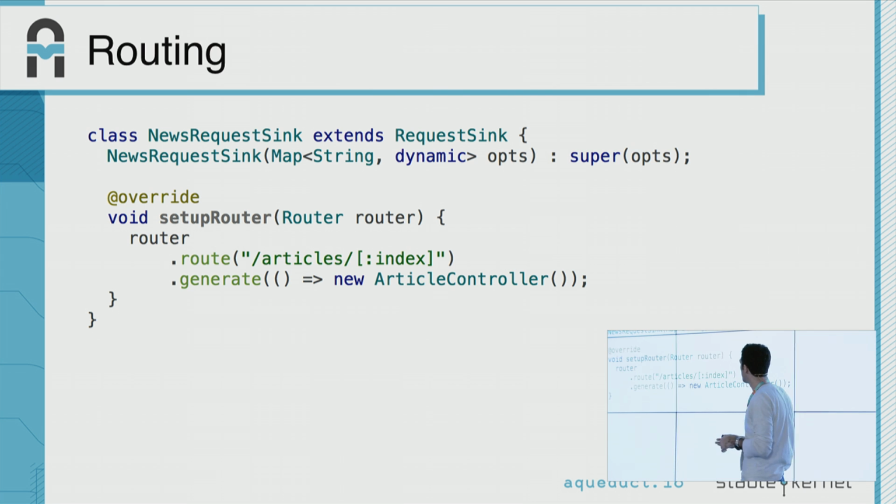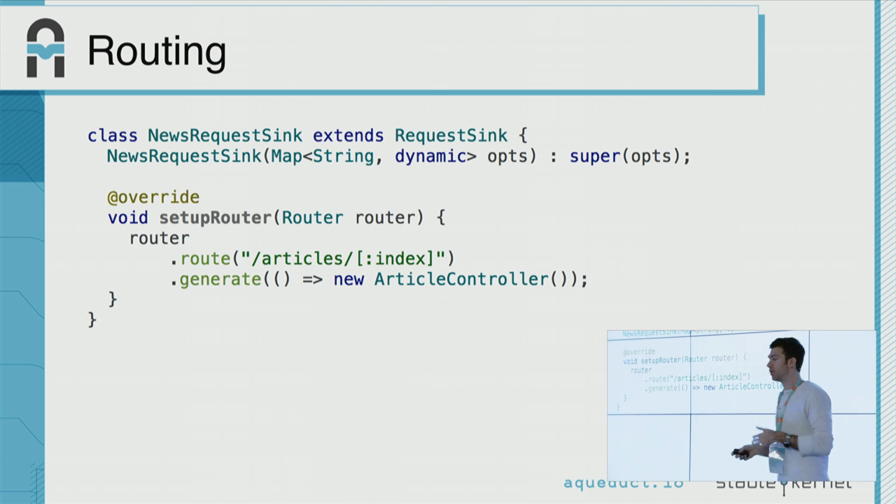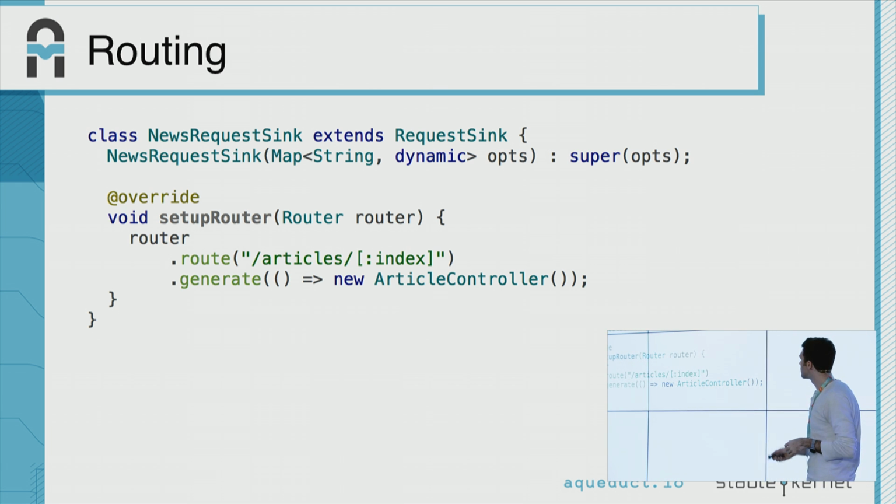I'm saying this route will go to /articles, and then I have these brackets here, which mean optional. So /articles/some index. The colon here means a path variable. So this particular route says if you send a request that has /articles or /articles/whatever, then we're going to move on to something called an article controller. That'll be the thing that's responsible for responding to the request.